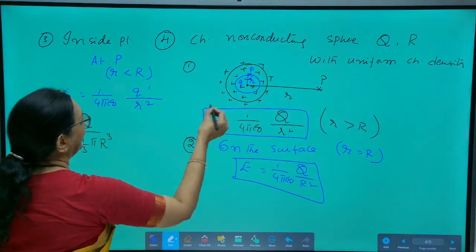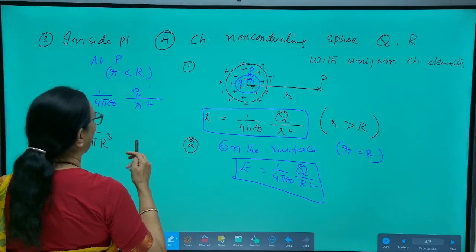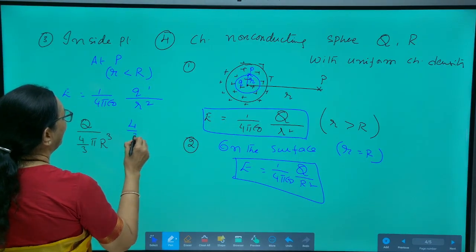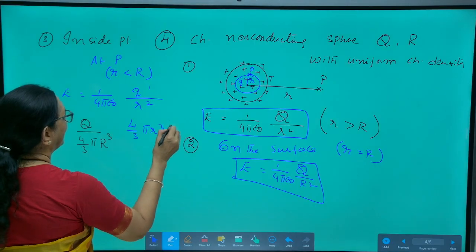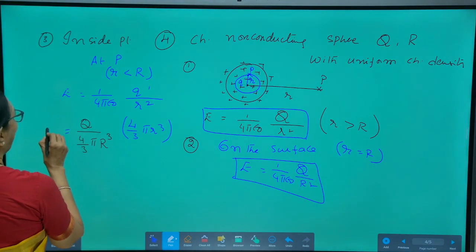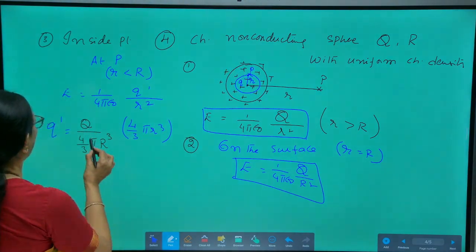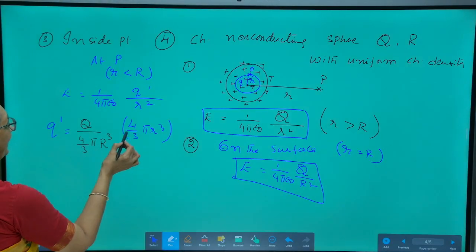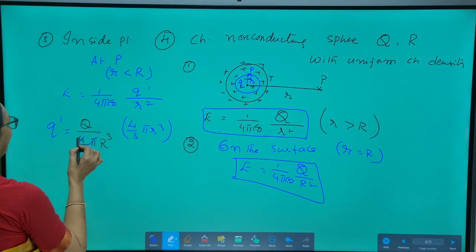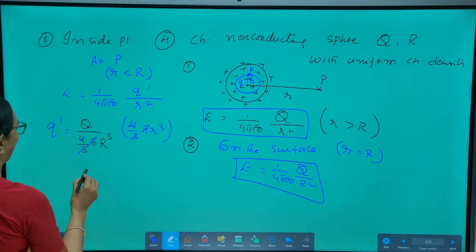Now we want to find out the charge enclosed in this volume, whose volume is 4 by 3 pi r cube. So the charge inside this sphere will be equal to Q by 4 by 3 pi R cube into this. 4 by 3 pi, 4 by 3 pi gets cancelled.